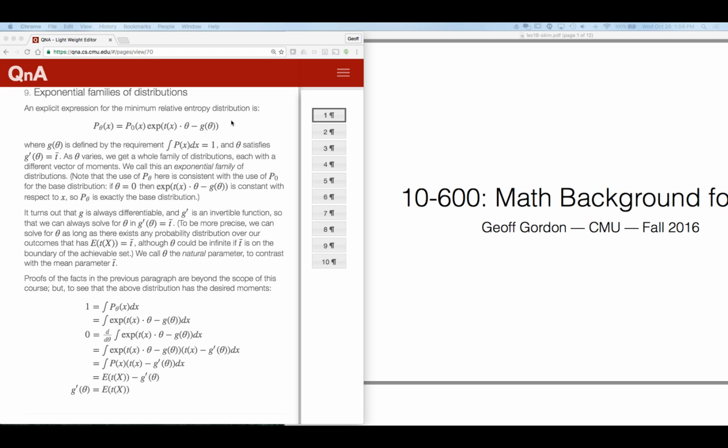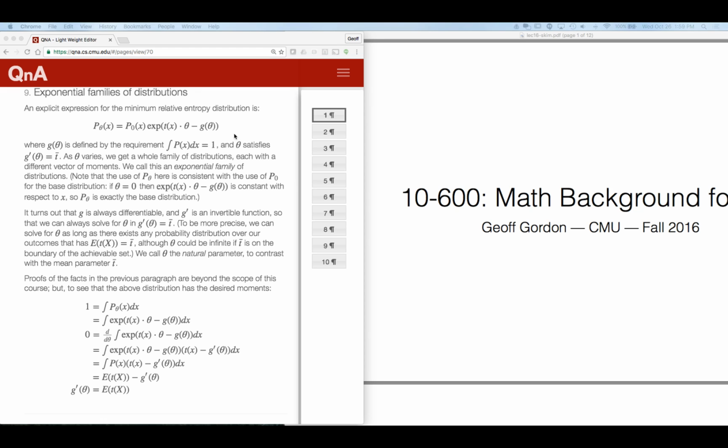This is maybe an arbitrary seeming form, and you'll have to trust me that you can always write the solution to the maxent or to the minimum relative entropy problem in that form. It's a fun exercise to derive it, but maybe outside the scope of this course.